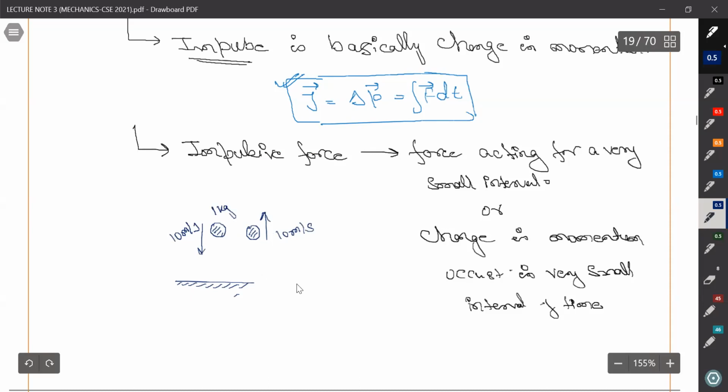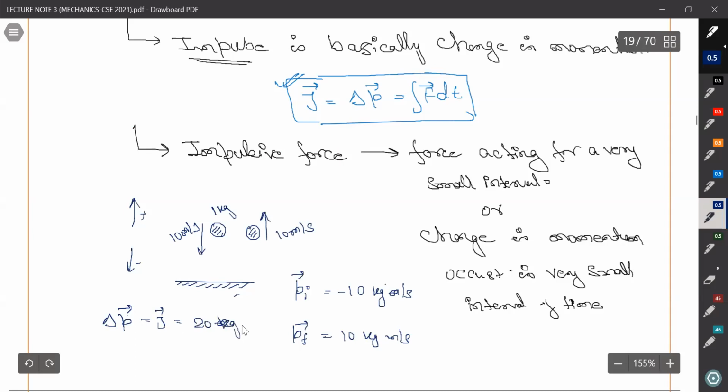So its initial momentum, taking this as positive and taking this as negative, is minus 10 kg meter per second, and its final momentum is 10 kg meter per second. So if we write delta P, that is equal to J, right? And it will be equal to 20 kg meter per second.